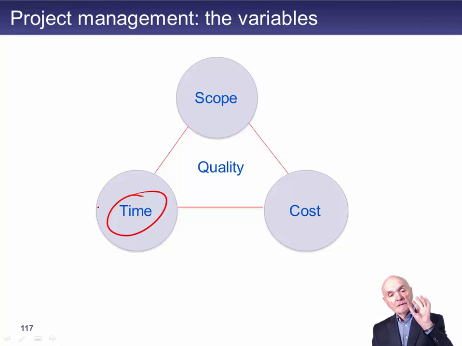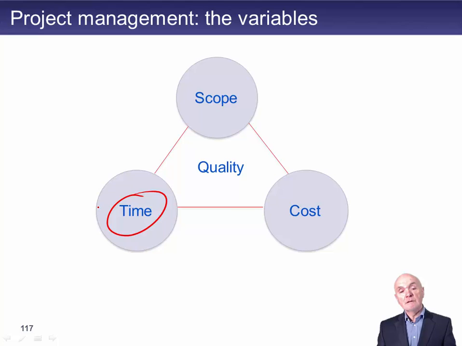And if everyone has got their eyes on hitting the deadline, then the other things can go astray a little bit. So one way in which you can hit your time deadline is to throw money at the project. Get in more consultants, pay people more overtime.